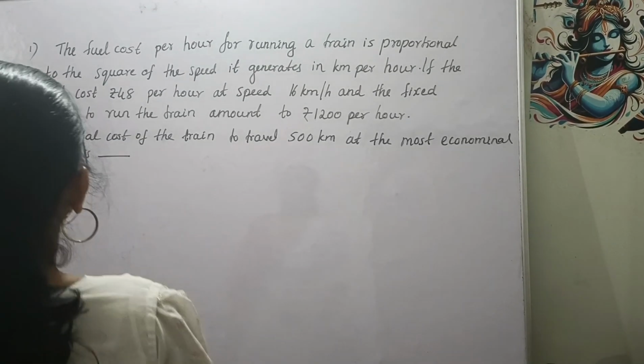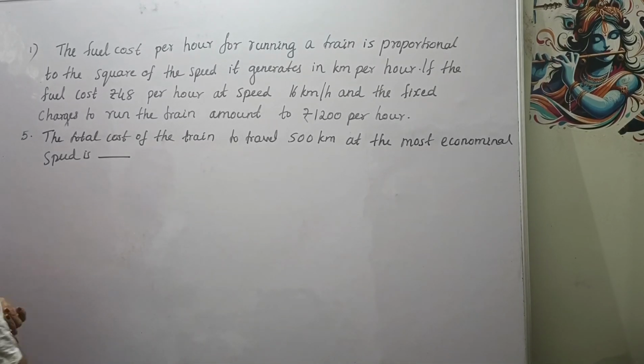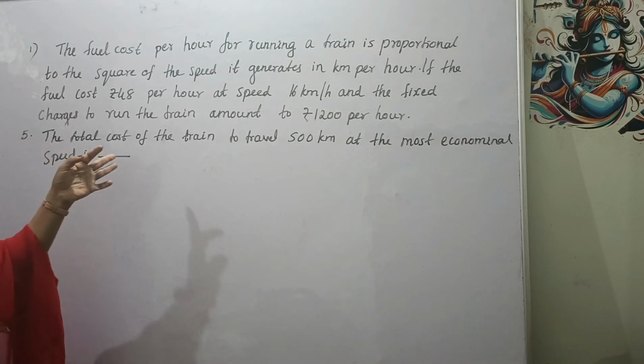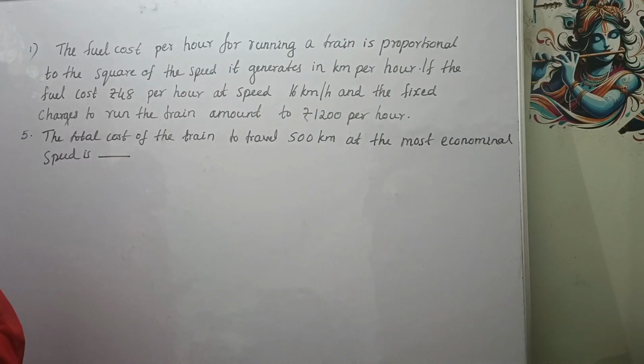Fifth question, the total cost of the train to travel 500 km at the most economical speed is dash. In second question, we have already found the total cost of the train to travel 500 km, right?